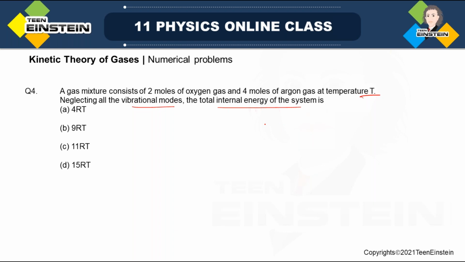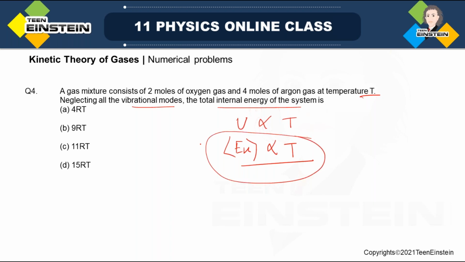Internal energy is actually directly related to temperature, and mean kinetic energy is also directly proportional to total internal energy. So mean kinetic energy is also directly proportional to temperature. So we can use the equipartition theorem to find the total internal energy.